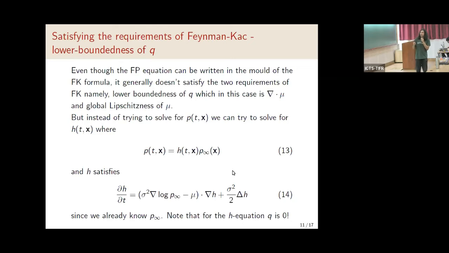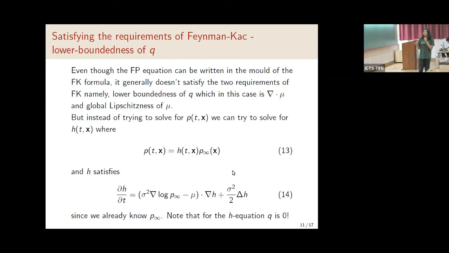So the FP equation can be written in the mold of the Feynman-Kac formula, but it generally does not satisfy the two requirements of Feynman-Kac, namely the lower boundedness of Q, which in this case is the divergence of mu, and the global Lipschitzness of mu.